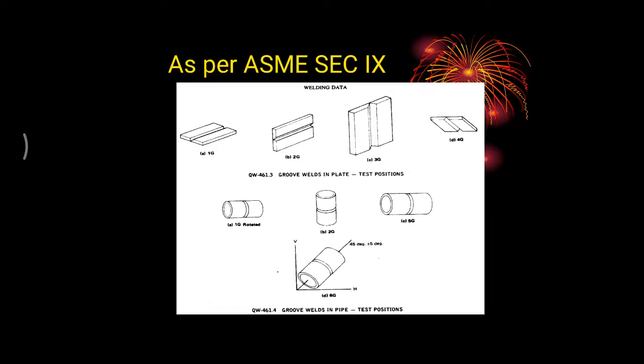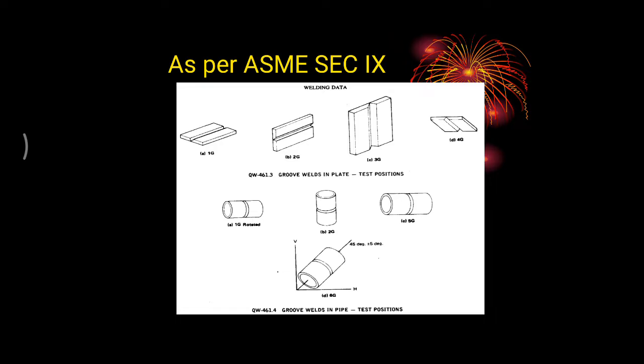So what is the difference between 5 and 6? In 5 the job is fixed and the welder is welding, and what is 6? The job is moving and the welder is also welding. Okay, so all these things you will introduce firstly to define a welding process or a welder.